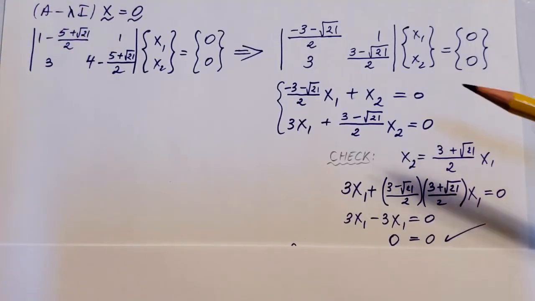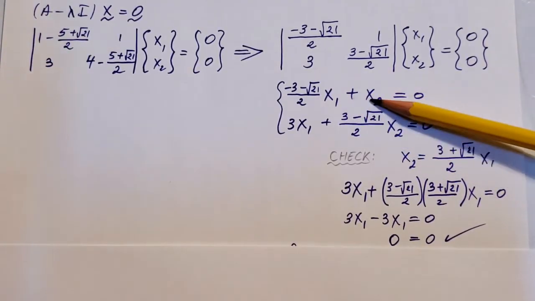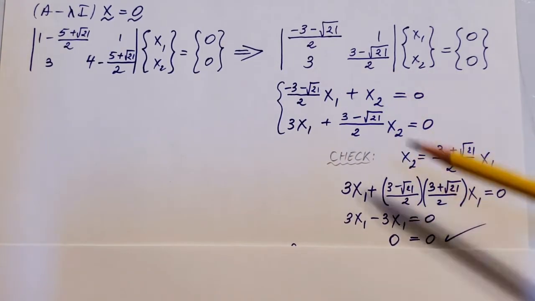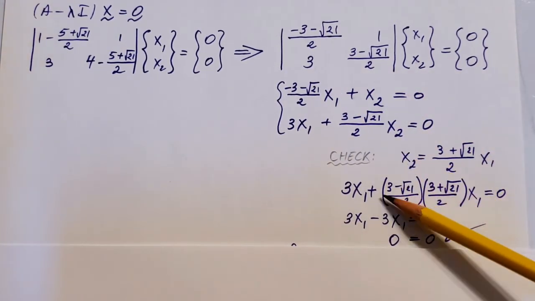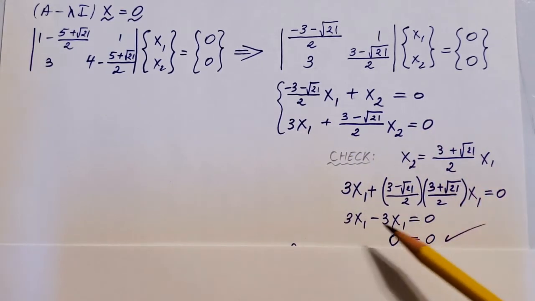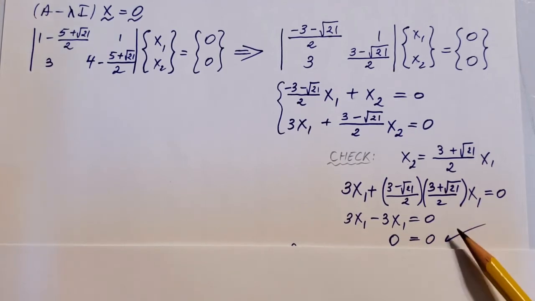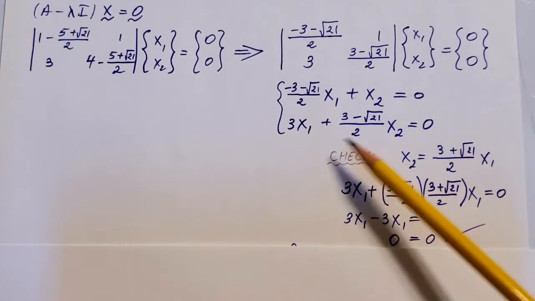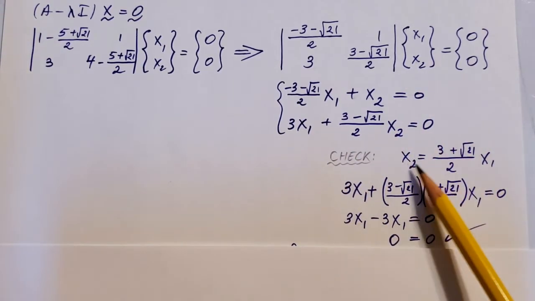Now I'm going to determine if these two are multiples of each other. Therefore, I'm going to take the first equation, solve for x2, plug it into our second equation, and simplifying, we can see that we're going to get to 0 equals 0. Very good. That shows us that these two are multiples of each other. Therefore, we can ignore one of them and just work with this one.